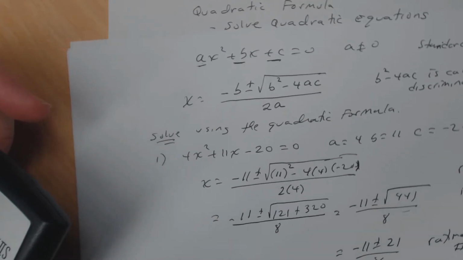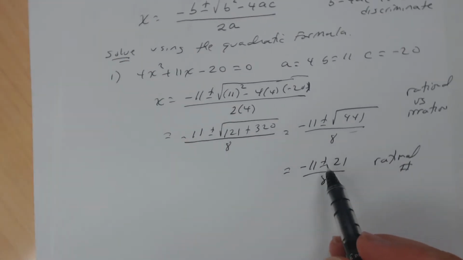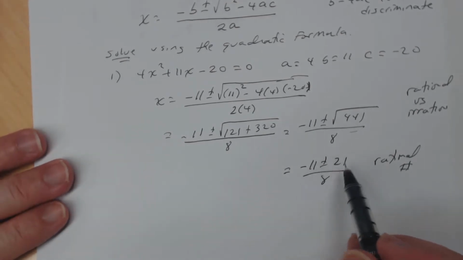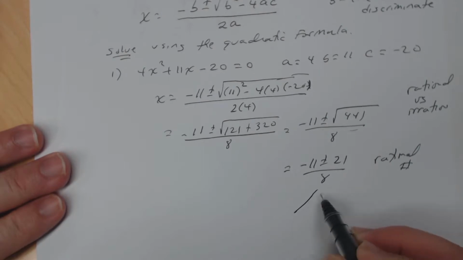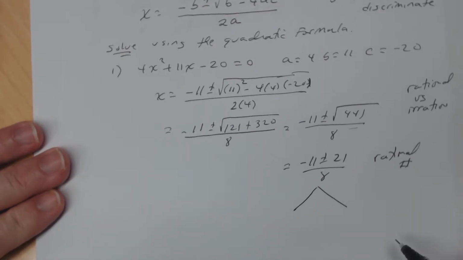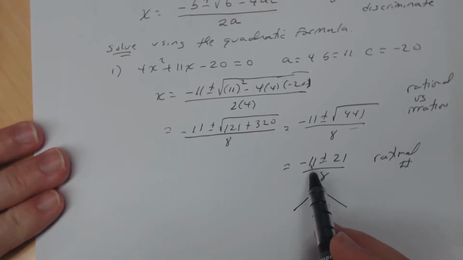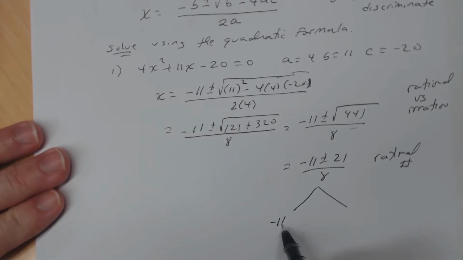Now, since this no longer has a square root, it's a rational number, so you want to write it as two rational numbers. You're going to say negative 11 plus 21 over 8, and then negative 11 minus 21 over 8.